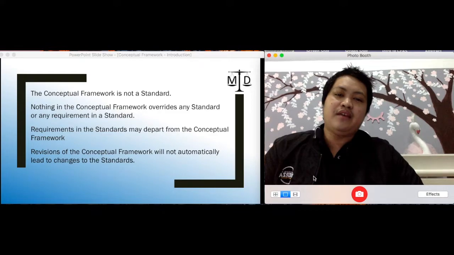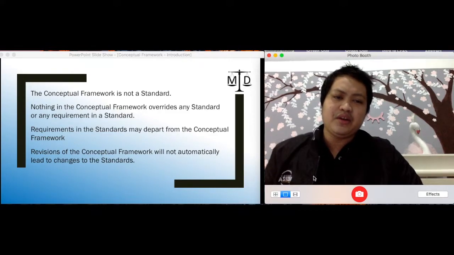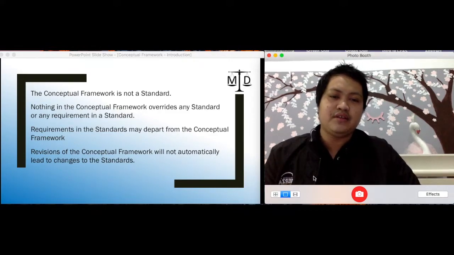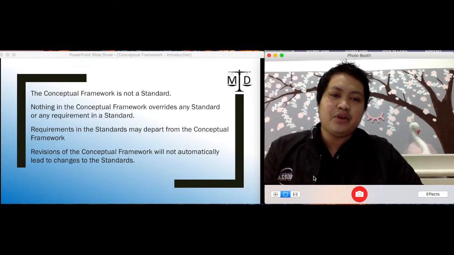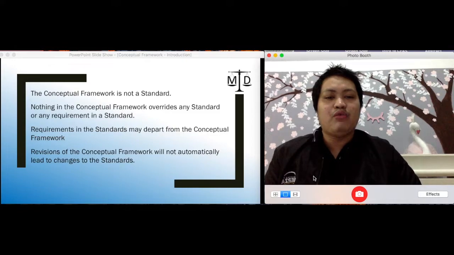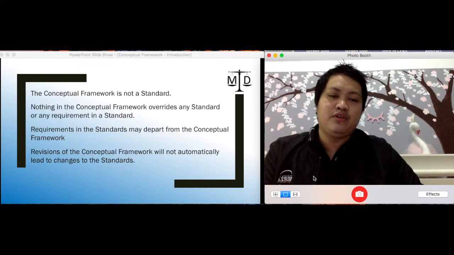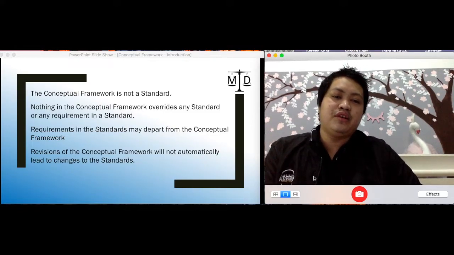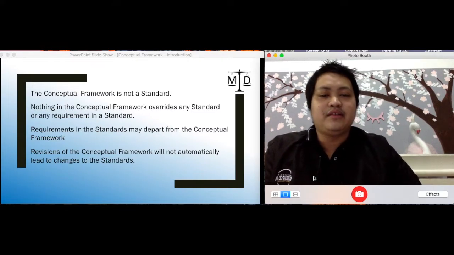So one might say that you can actually forego the changes in the framework because you still have to follow the standard. So basically, the framework now would be for the future development of your accounting standards or the revisions of your old accounting standards.